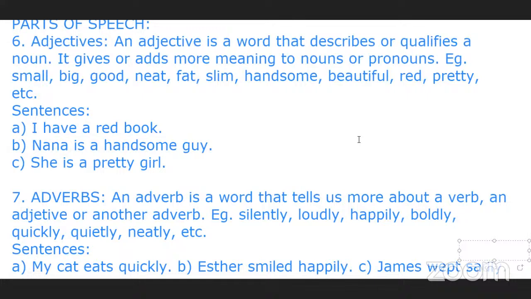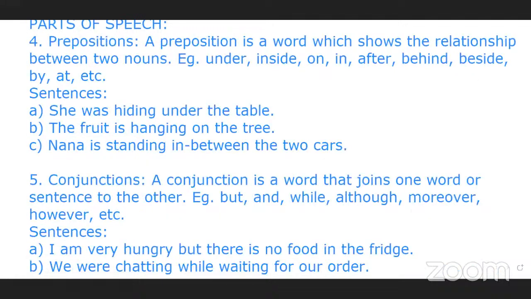So today we have looked at, can you recap for us what we've looked at today? We've done prepositions. Yes. And we said a preposition is a word which shows the relationship between two nouns. So prepositions show relationship.